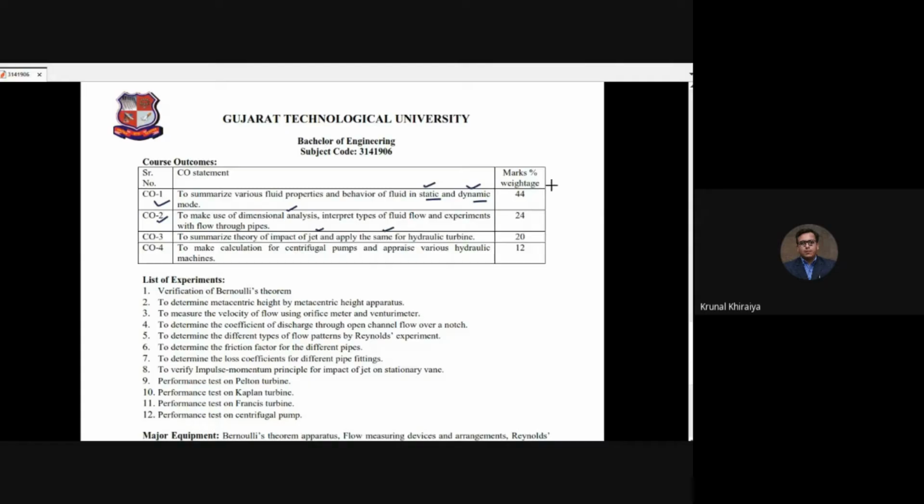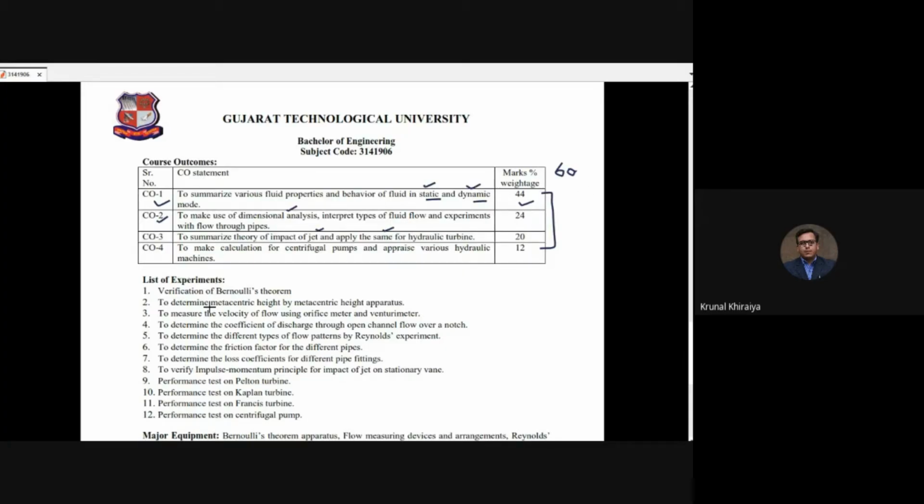These weightages are given, and according to them your syllabus is designed. Like, if 60 hours are required, 44 percent of the time we need to spend on CO1, and 24 percent of the time on CO2, that is course outcome 2. This is defined based on the contact hours between students and teachers.